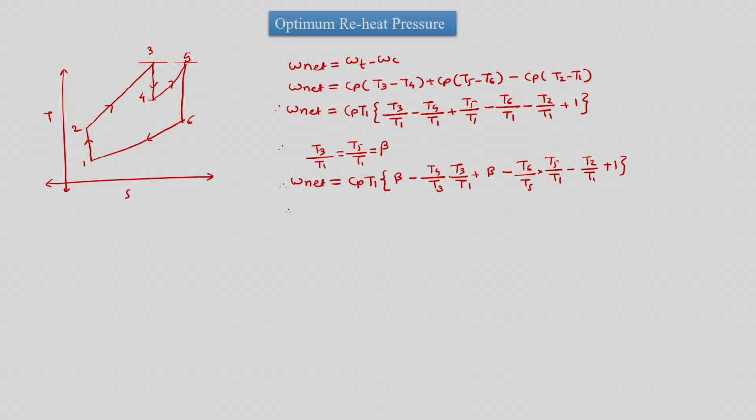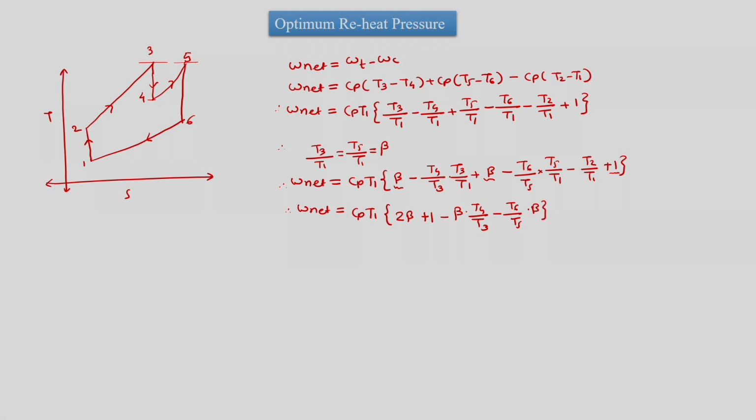So this can be further written as W net is equal to Cp T1 into, as this beta and this beta we can add and say 2 beta, then this 1 we can bring here, so 2 beta plus 1 minus, now T3 by T1 is beta and T4 by T3 is separate, minus T6 by T5 and T5 by T1 is again beta.